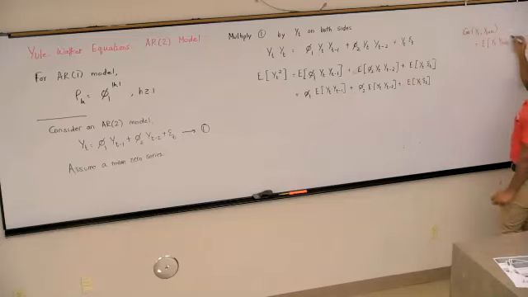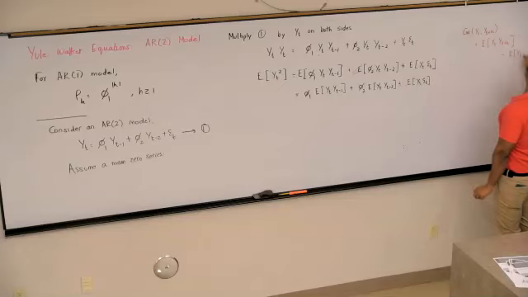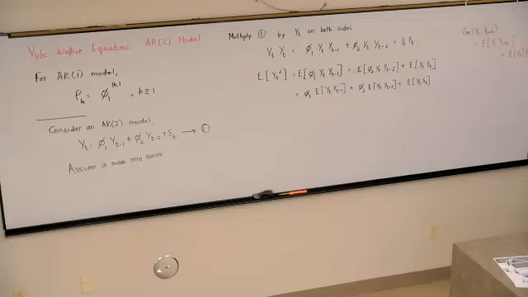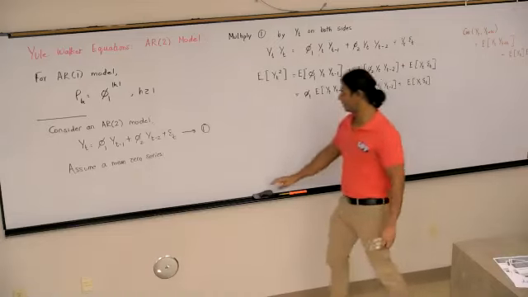Covariance of x comma y is expectation of xy minus the expectation of x multiplied by the expectation of y.